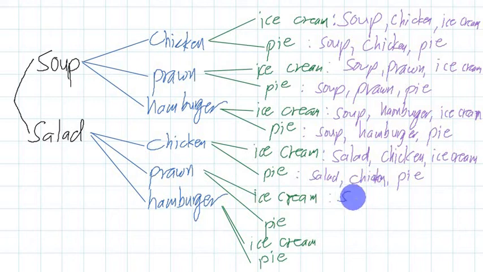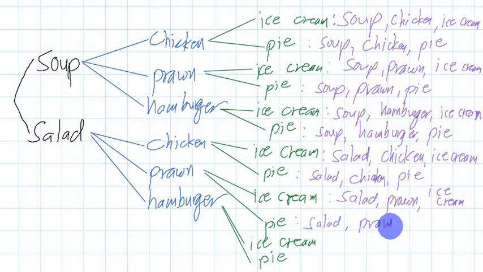Now we go to salad, prawn, ice cream. Then we would have salad, prawn, pie.